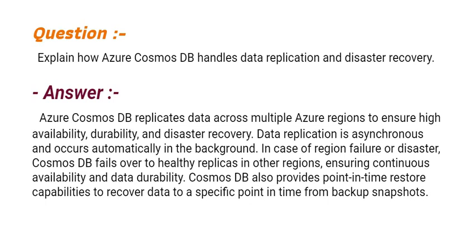In case of region failure or disaster, Cosmos DB fails over to healthy replicas in other regions, ensuring continuous availability and data durability. Cosmos DB also provides point-in-time restore capabilities to recover data to a specific point in time from backup snapshots.